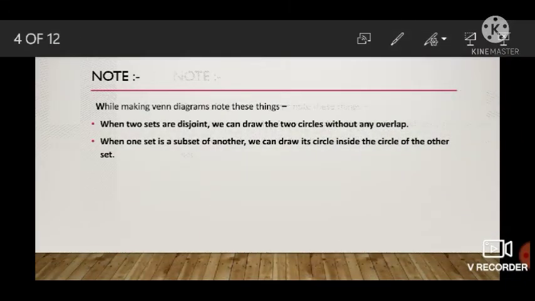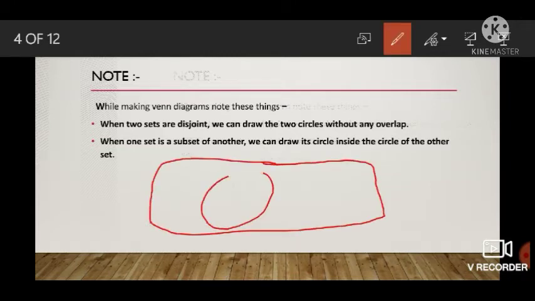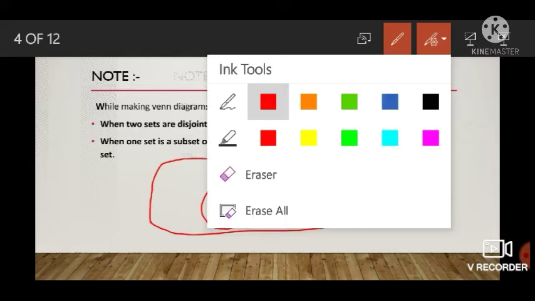There is a note for us that when we are making a Venn diagram, we have some basic things. When two sets A and B are disjoint, disjoint sets are those sets which do not have any common part. So when two sets are disjoint, we show them by making two separate circles. It is only a basic point.